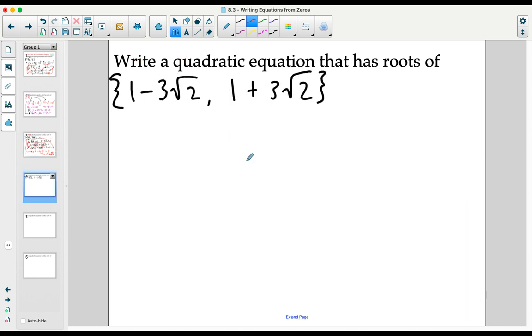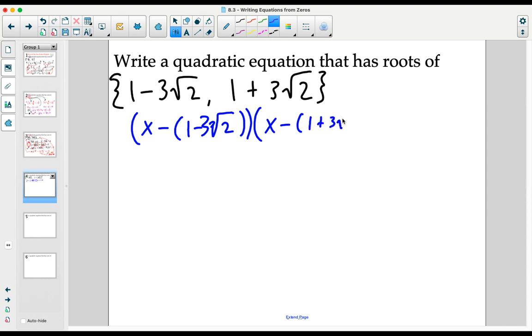So let's look at a similar example, except this time the solution is a binomial. And as you might imagine, it's not going to change our work at all. We're going to start with a factor. And for the sake of space, I'm going to jump right to the solution version of this, or the quadratic version of this, excuse me, where we make sure we can fit everything. x equals 1 plus 3 root 2, all of that is equal to 0.